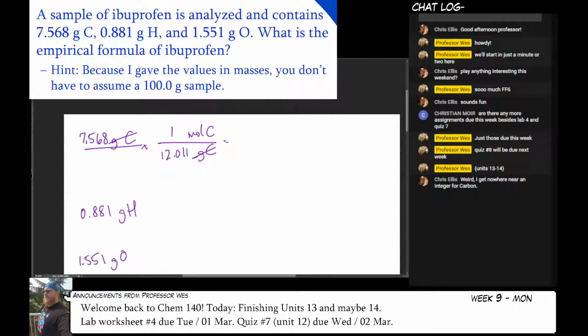So I get 0.6301 moles of carbon. I didn't select everything.